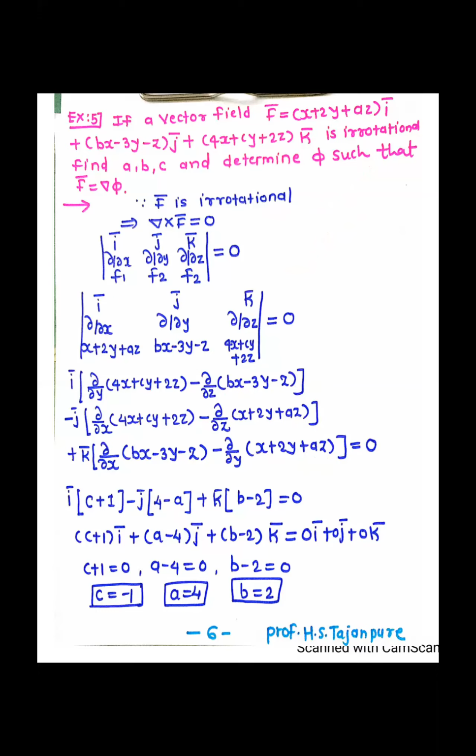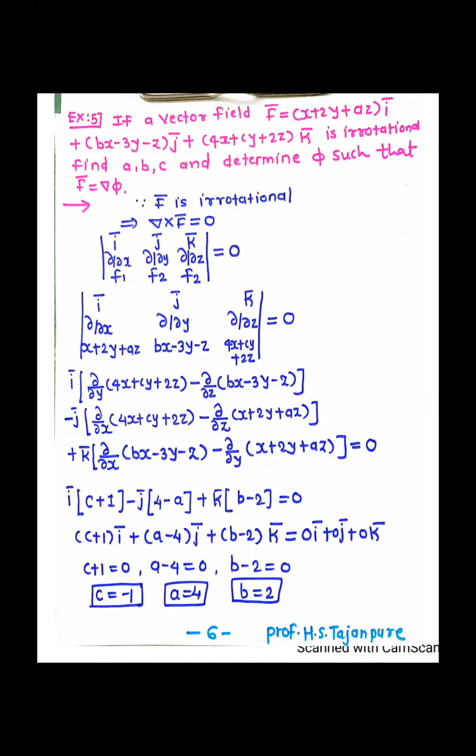So just take the derivatives. Now the right hand side is 0, so we'll write that 0 as 0 i bar plus 0 j bar plus 0 k bar. Equate the coefficients of i bar, j bar, k bar. You will get c equal to -1, a equal to 4, and b equal to 2. These are the values of a, b, c.